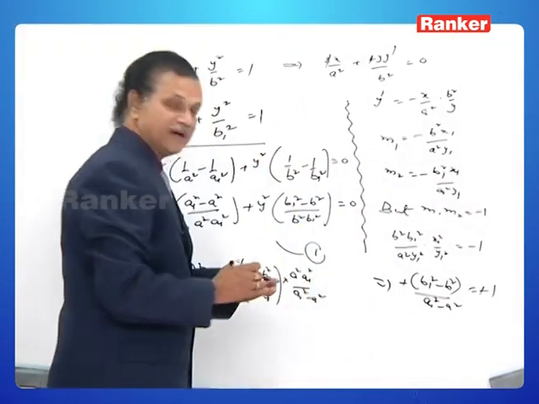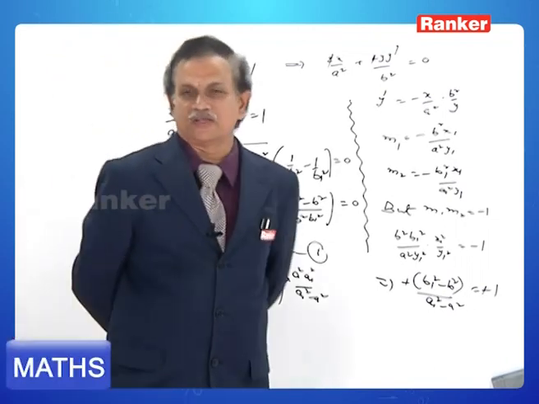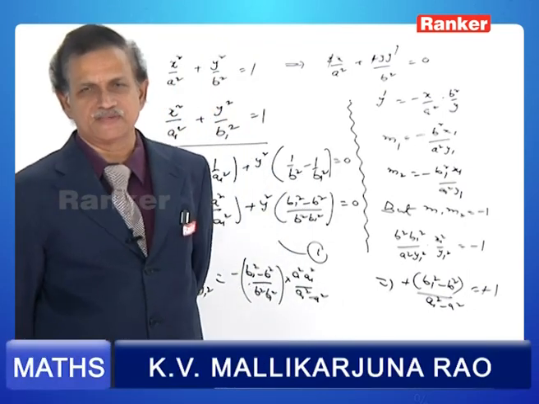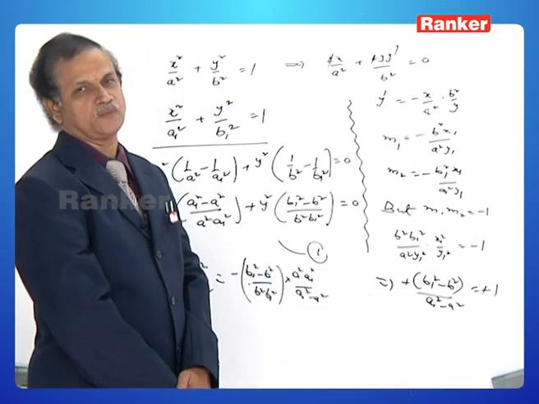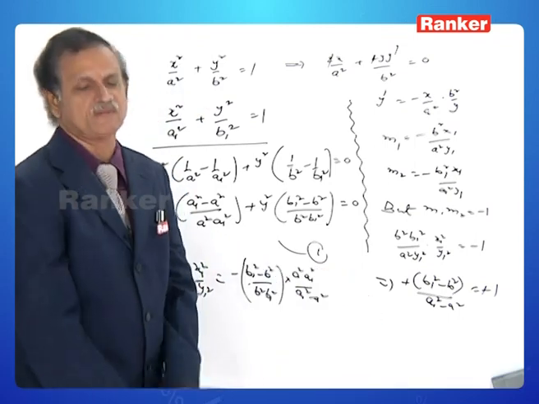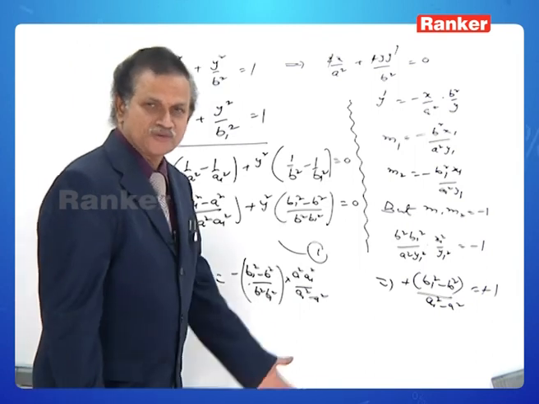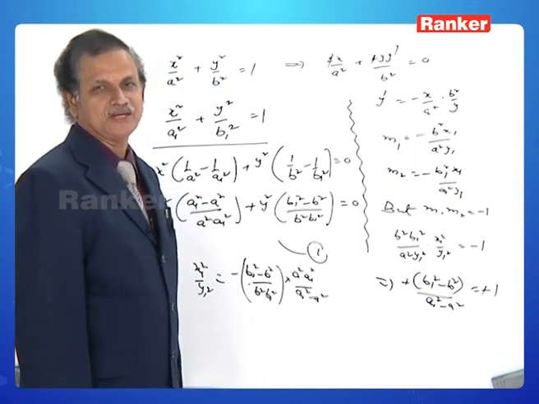You can cancel minus 1 on both sides. All together you have a square minus a1 square is equal to b square minus b1 square. That must be the condition required, which is of course very famous. One of the most standard results of orthogonality.